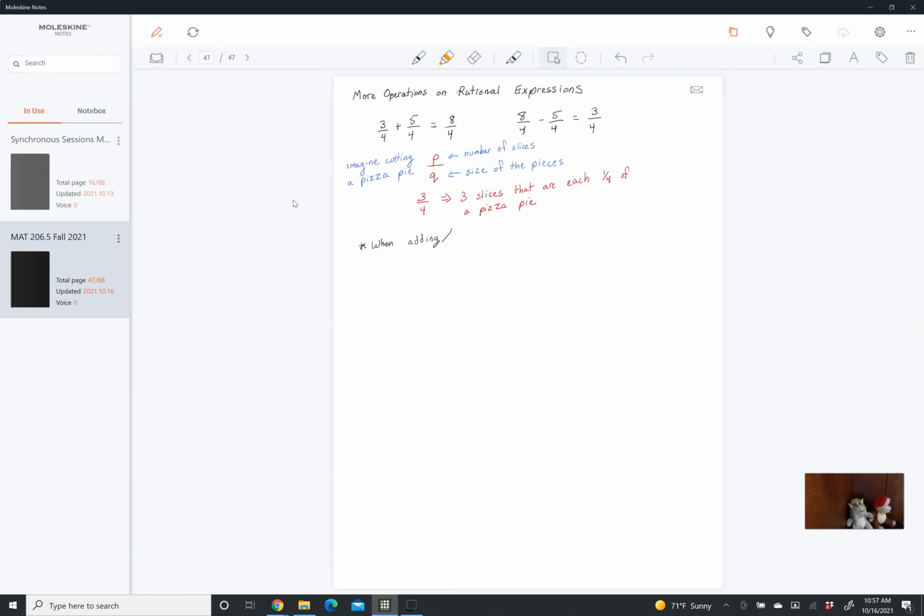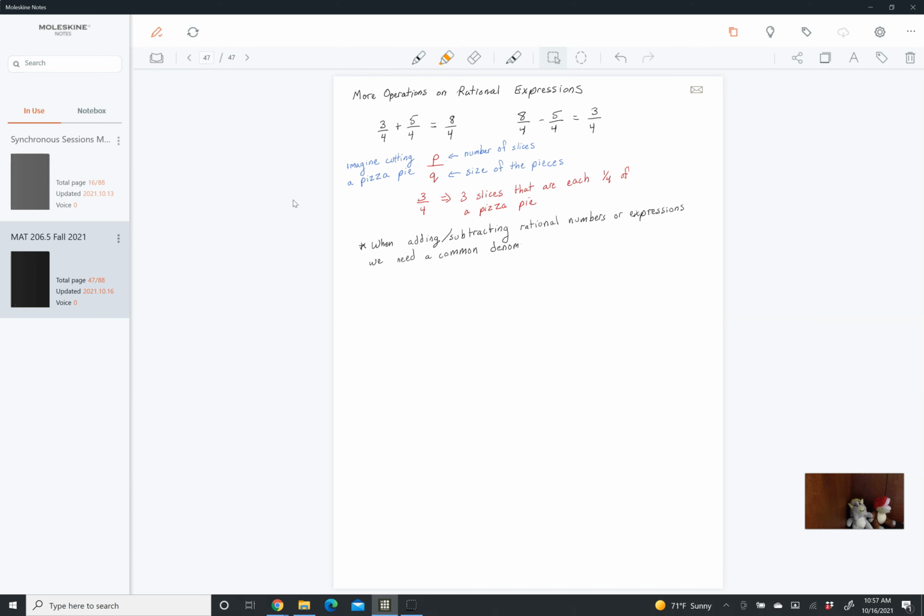When adding or subtracting, so interchangeable, rational numbers or expressions, we need a common denominator.